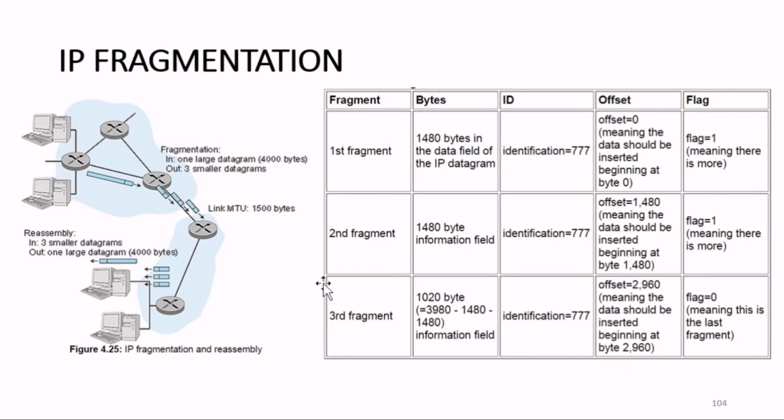So meaning if the datagram is larger than 4000, you need to have multiple, 4 or 5 fragments, until all the data is fragmented. So at this side, all the fragmented data is reassembled back and sent to the receiver.